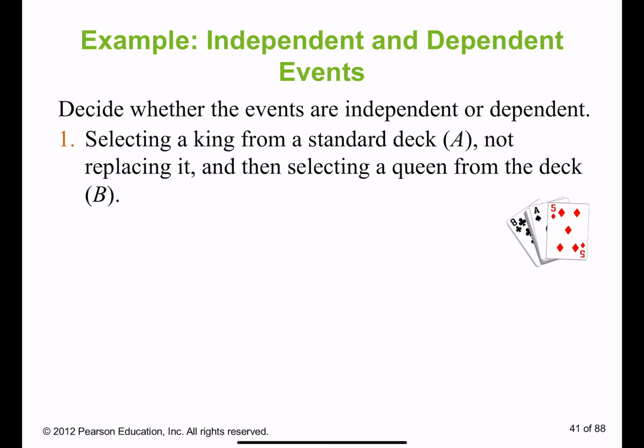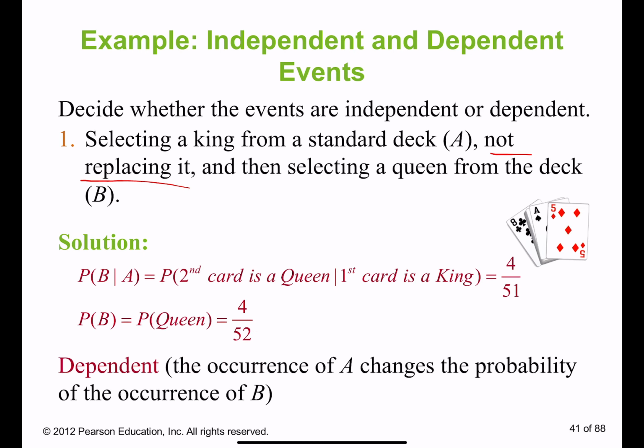So let's get an example of independent and dependent events. Selecting a king from a standard deck, not replacing it, which is crucially important, and then selecting a queen from the standard deck. So when we select a king from the standard deck, it's going to be what? 4 out of 52, right?